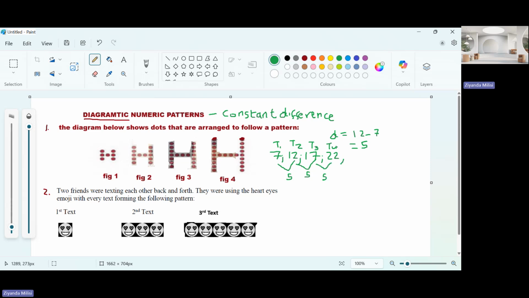You can predict now what will be the next term. You're going to add 5 on 22. It's going to be 27. You can still predict the next term. Add 5 to 27, and you're going to get 32.